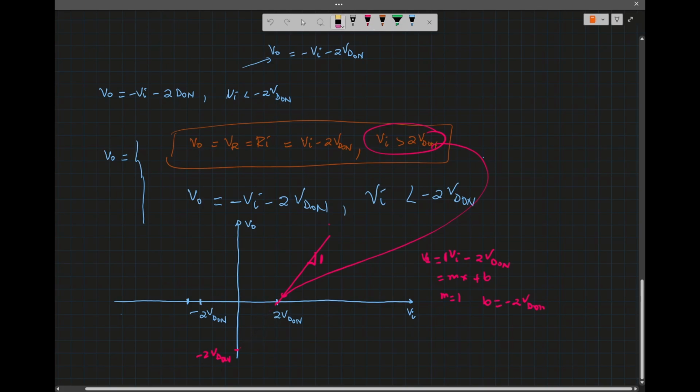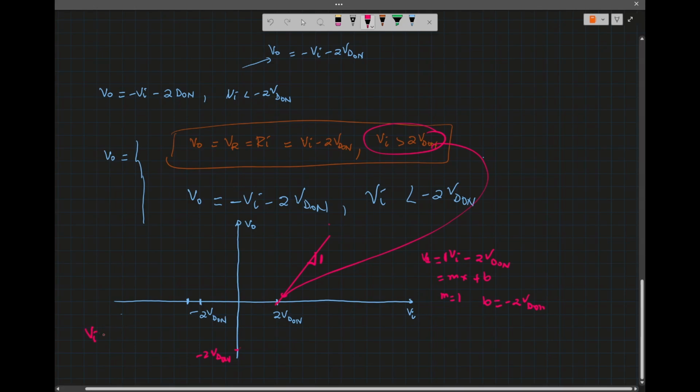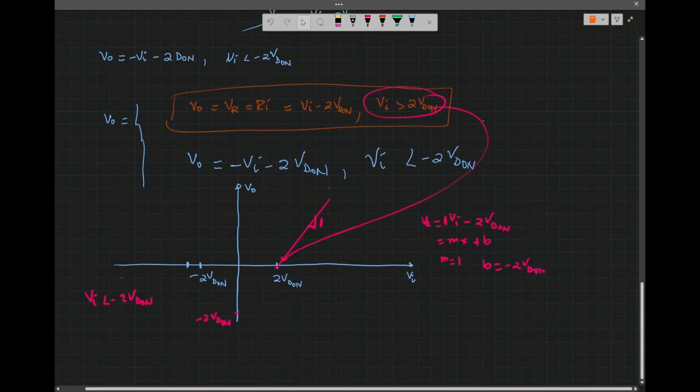And then for the second case, so VI less than minus 2 VD on, which is the second case. What do we have?